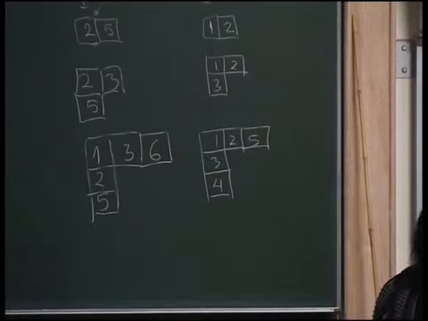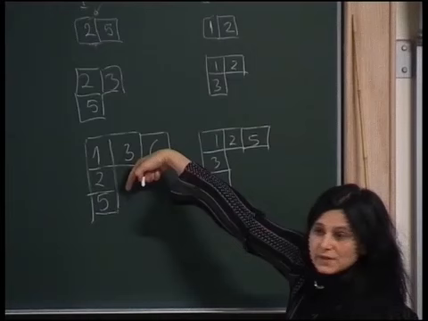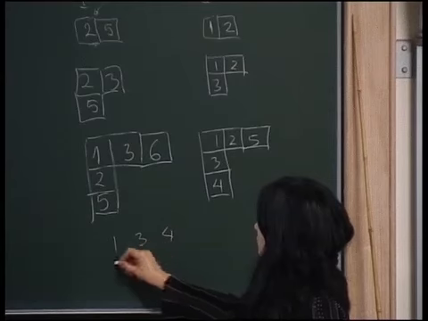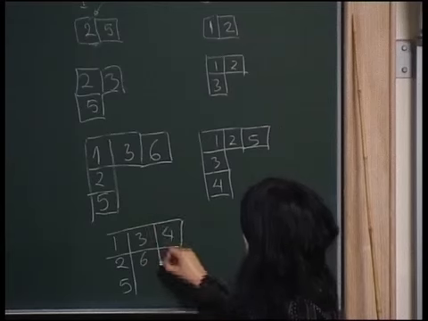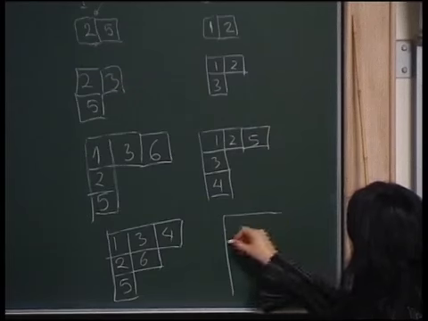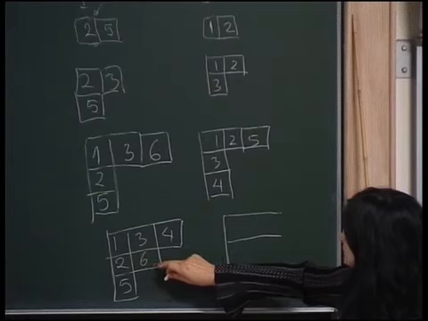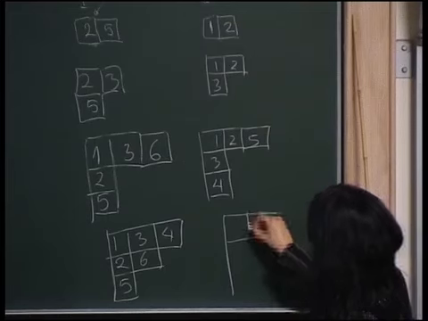And finally, we have to add the 4, which has to go there and bumps the 6 on the next row. So it's 1, 3, 4, 2, 6, 5. And this is really the last box that we have added.